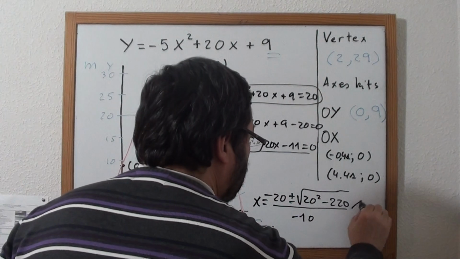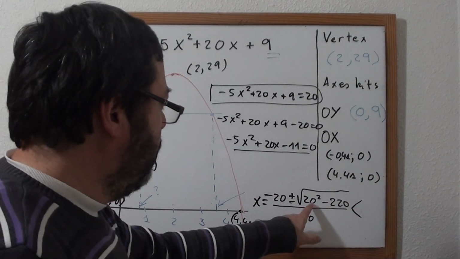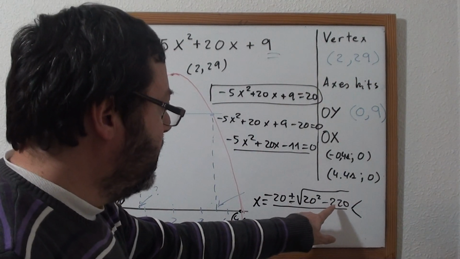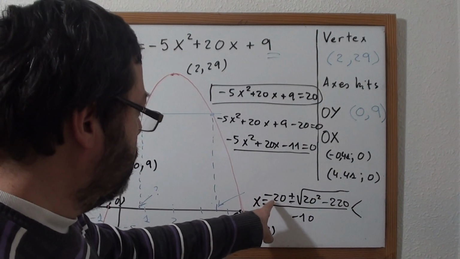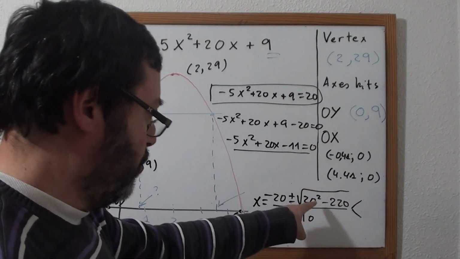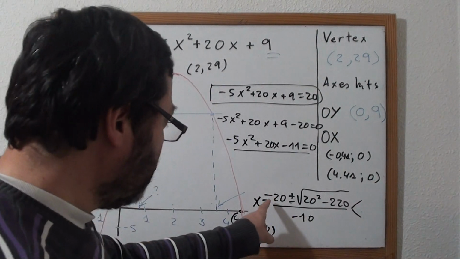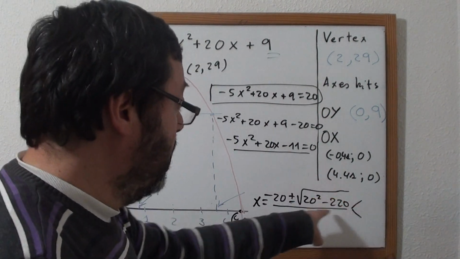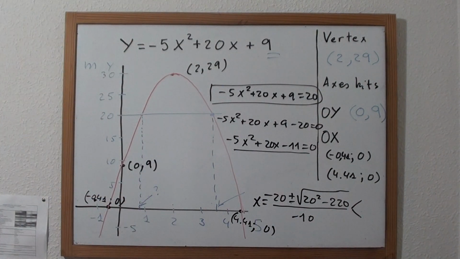Okay, and now solve this equation. It's almost solved. Just do the calculations. 400 minus 220, take the square root, and then minus 20 plus that square root divided by minus 10 gives you one solution, and minus 20 minus that square root divided by negative 10 gives you the other solution. Stop the video here, do the calculations, and check if they are right.